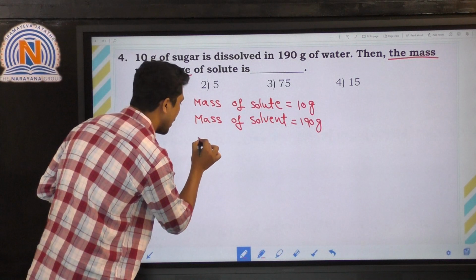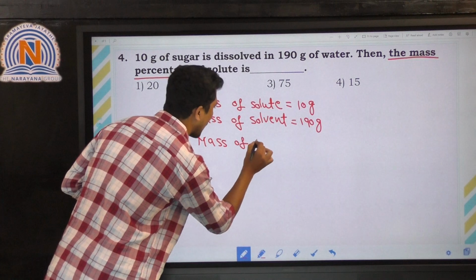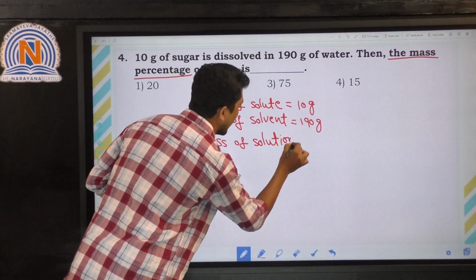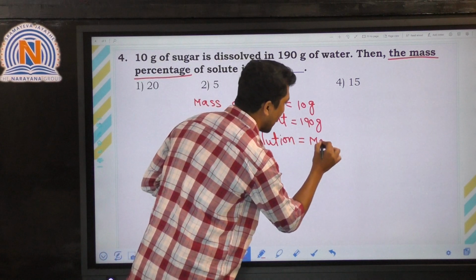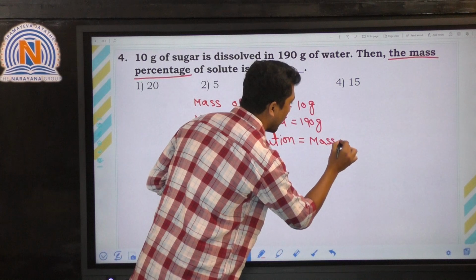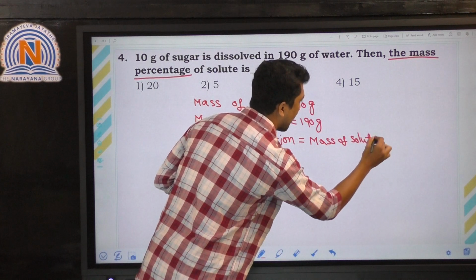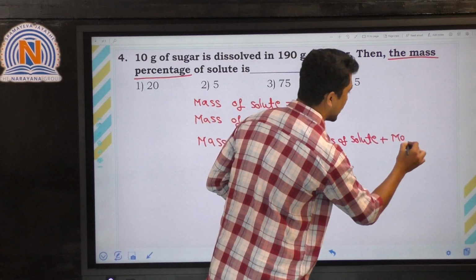Mass of solution is equal to mass of the solute plus mass of solvent.